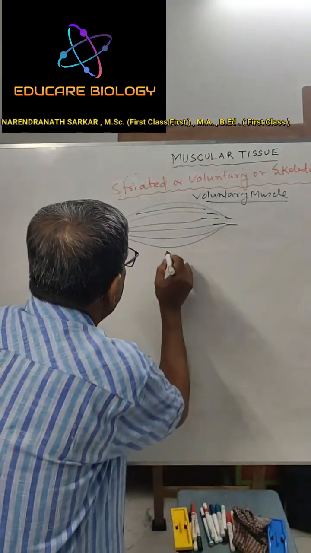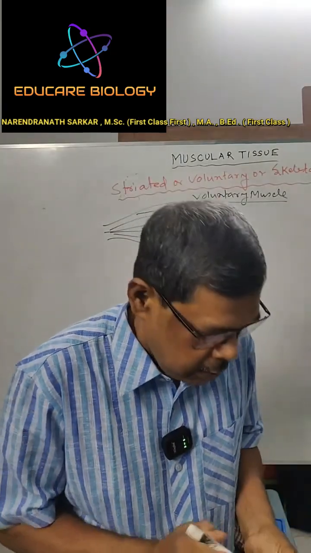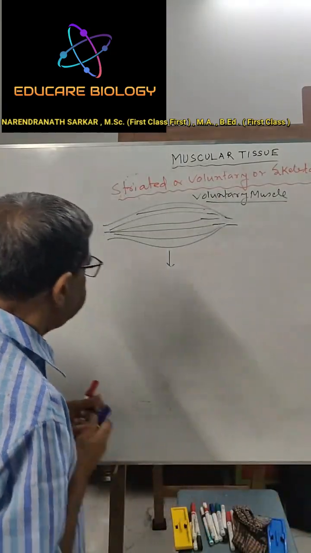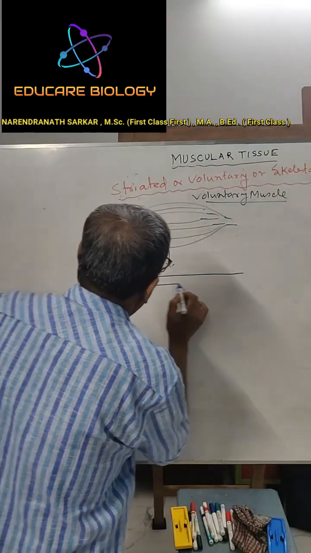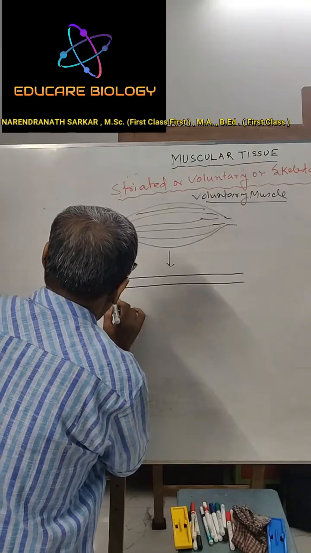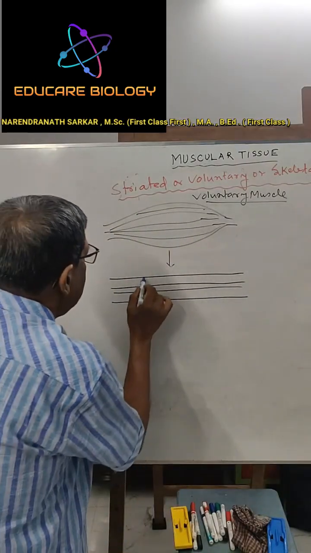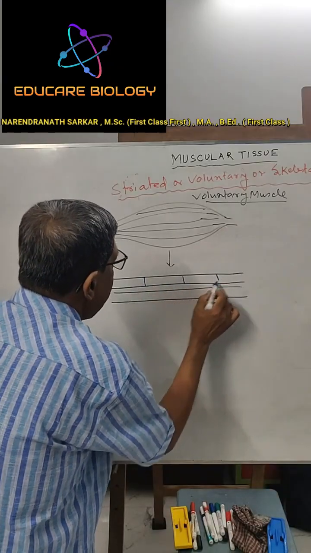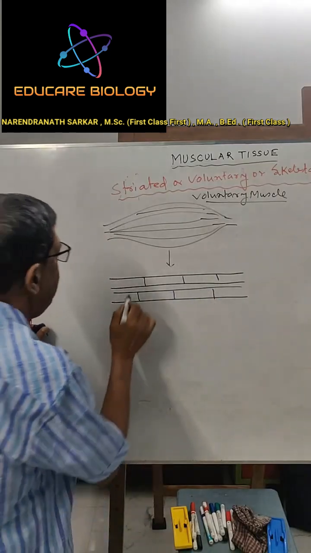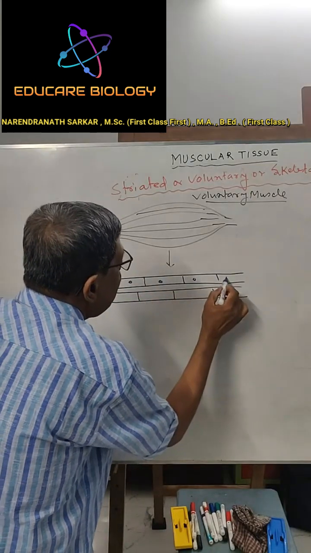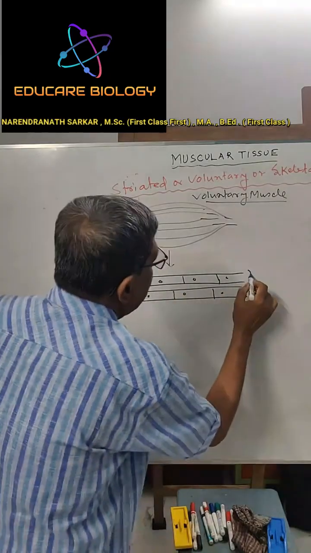Next, it is composed of muscle fibers, which are too much elongated. These are the muscle fibers.